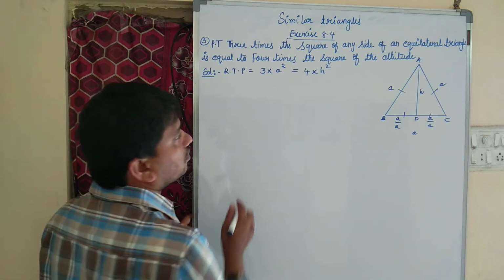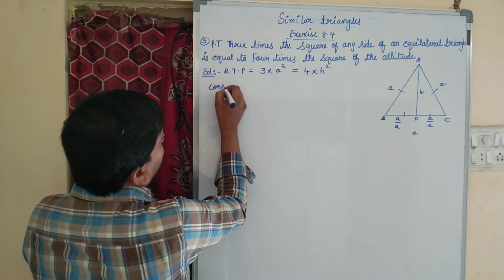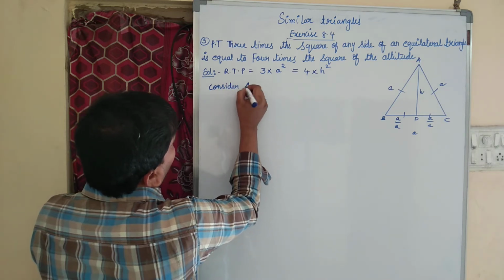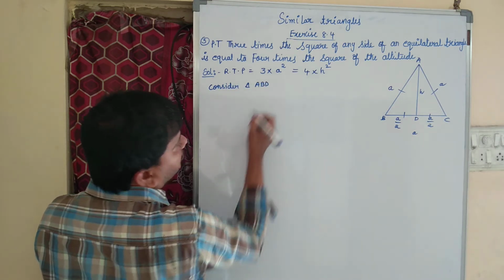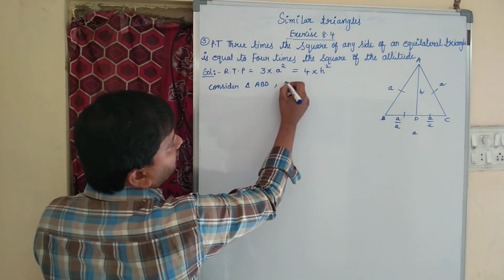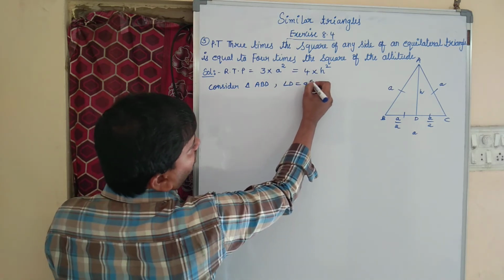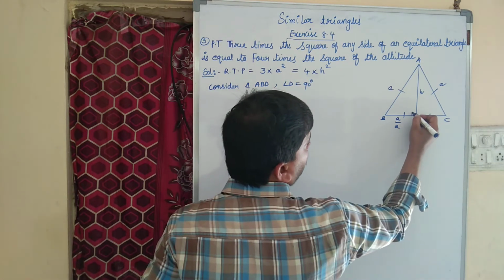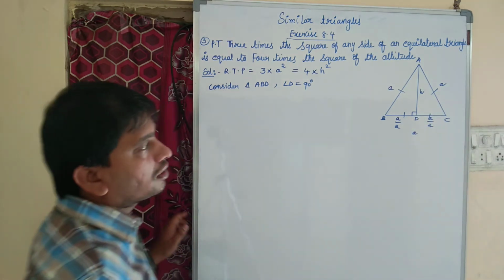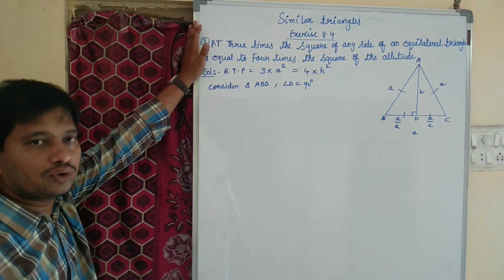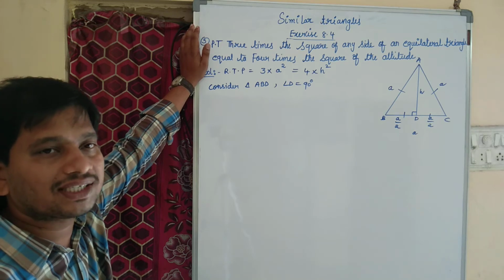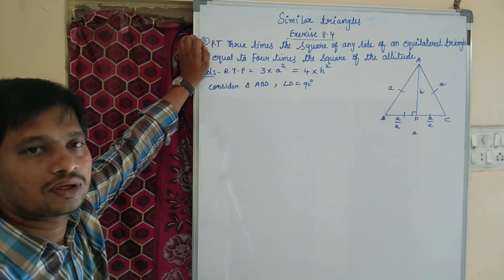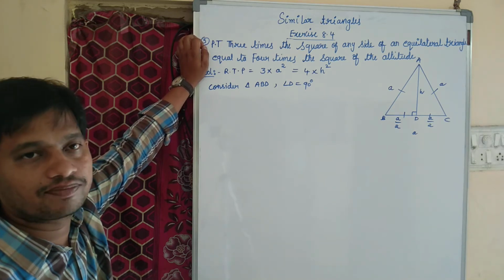Right? So now consider triangle ABD in which angle D equal to 90 degrees. We know that the altitude is the line segment joining the vertex to its opposite side, and it makes an angle of 90 degrees.